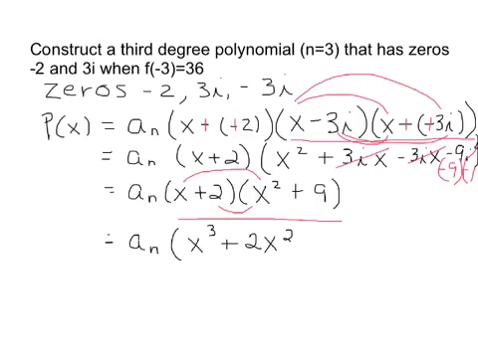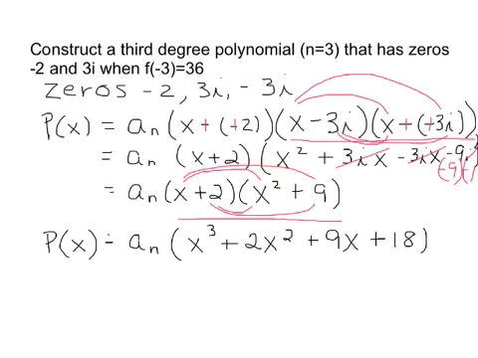Then I'll come back and do the outside. So the x times the 9 gets me 9x, and you can see how the terms are now in descending order. And then our last, 2 times 9, gets us 18. Okay, so we've completed the first step in this process of rewriting the polynomial as a product of factors and then multiplying out those factors so we have an expanded polynomial.